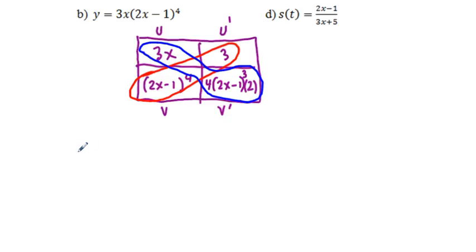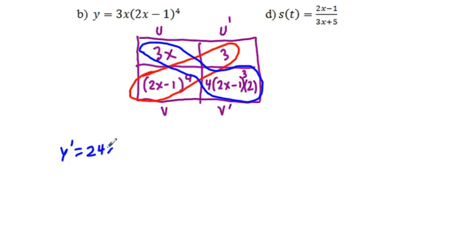Right, in doing that, we have y prime is equal to, we have 3x times 4 times 2. Well, 3 times 4 times 2, that'd be 24.